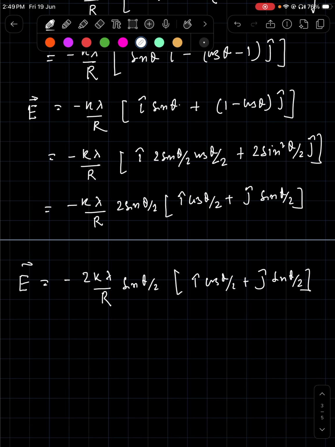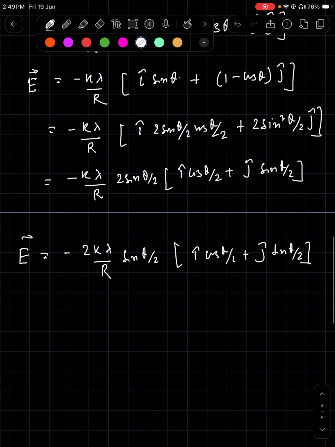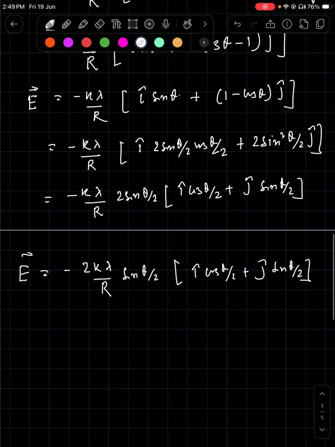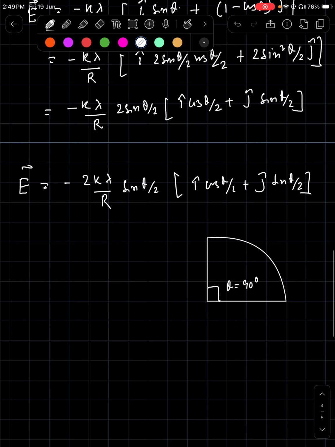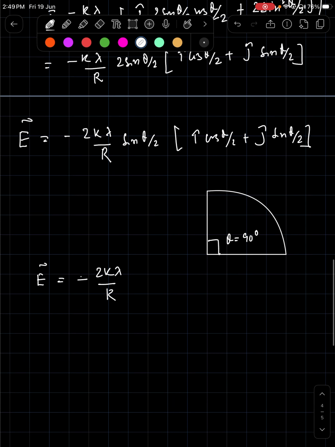So let us do the further things. For example, if I am given the arc which is making an angle of 90 degree, that is 1/4 of the circle, that means the theta becomes 90 degree. So E becomes 2k lambda by r. I'm just putting all the things there.